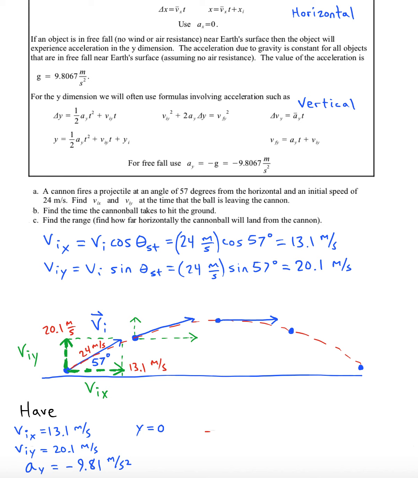And that's really critical for these problems. That means that Vy suddenly becomes 0 at the peak. Notice that we have a Vy of 20.1 at this time. We would have a Vy of perhaps about 10 at this point.